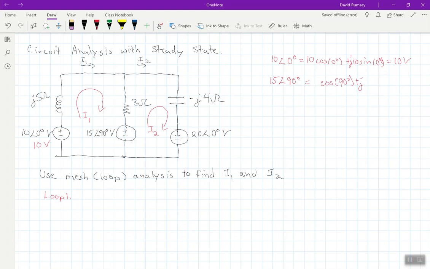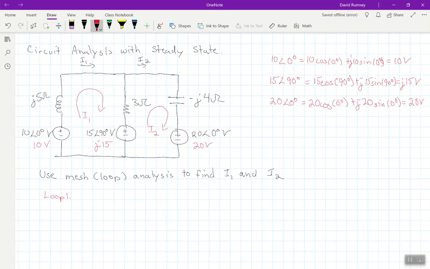Let's actually not rush through these. 15 at an angle of 90 degrees would be 15 cosine 90 degrees plus j 15 sine of 90 degrees, which would be j 15 volts. And then 20 at an angle of 0 degrees, 20 cosine 0 degrees plus j 20 sine of 0 degrees, and that's still just 20 volts.